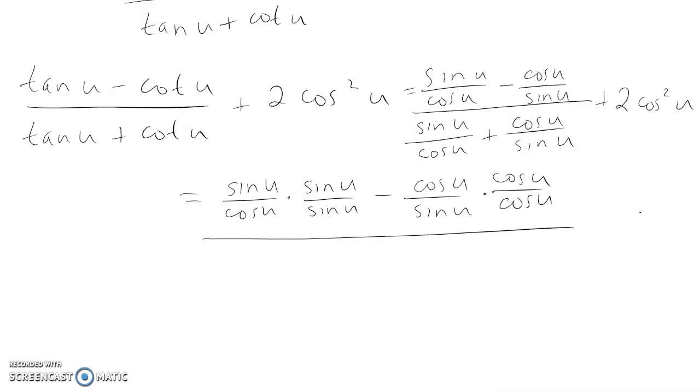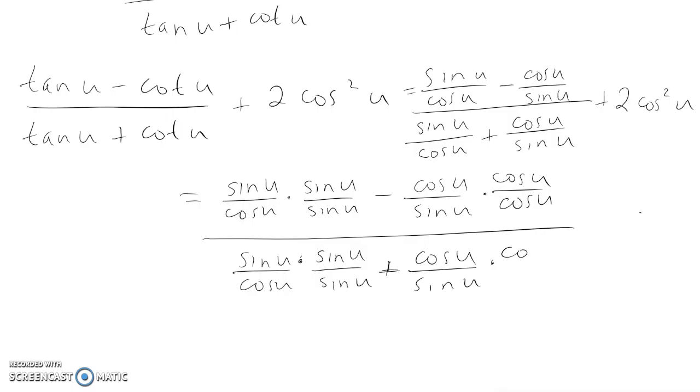And then in the denominator, similarly, sine u over cosine u is going to be multiplied by sine u over sine u. And plus is the only difference here, cosine u over sine u times cosine u over cosine u, again plus 2 cosine squared u. Okay.